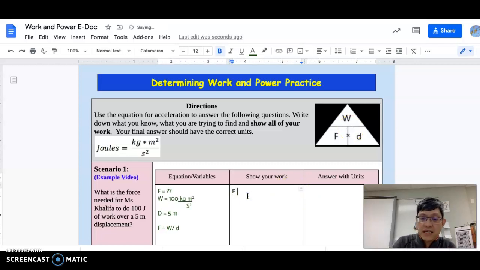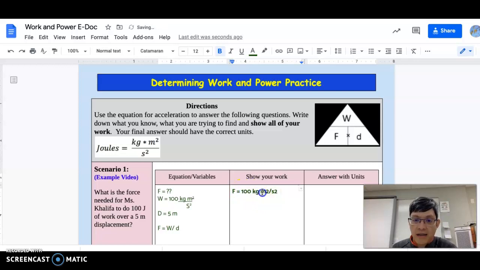So force is equal to work, which is in this case 100 kilogram meter squared divided by second squared. Okay, and we'll fix that later. And that is divided by, so I put it, not a dash, or I can do the underline if you want.